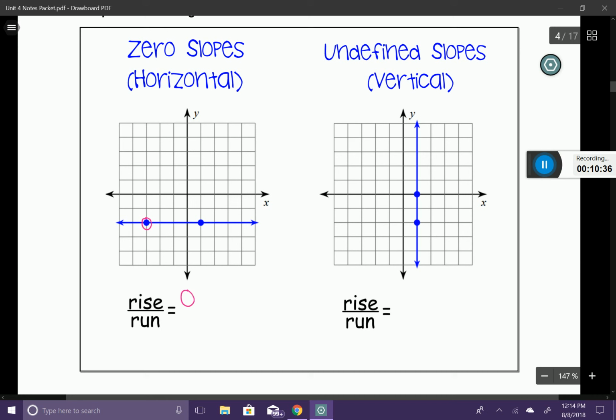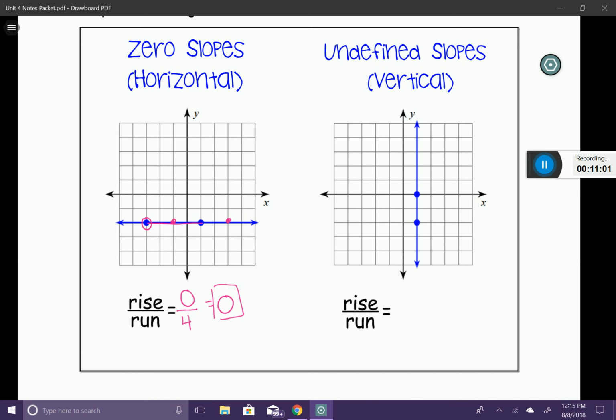And rising 0, just write a 0. And then I'm going to run, in our case it's going to be 4 points. Now you might be just running to this coordinate here or this coordinate over here, but it doesn't matter. The point is 0 divided by any number is going to give you 0, making this a 0 slope.